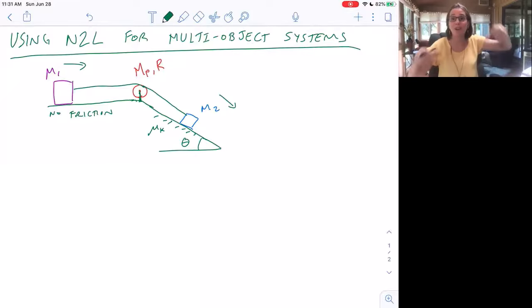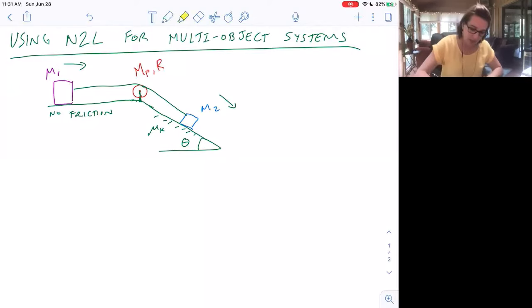We might have solved this sort of problem before, but we ignored the pulley. So what do we do now if we don't ignore the pulley anymore? And this whole thing is accelerating as I've indicated in that direction. So that's going to be our three-body problem.